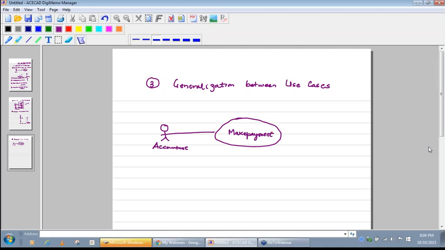This is a typical method in which the use case names are made. And this make payment can be payment by cash or payment by check.